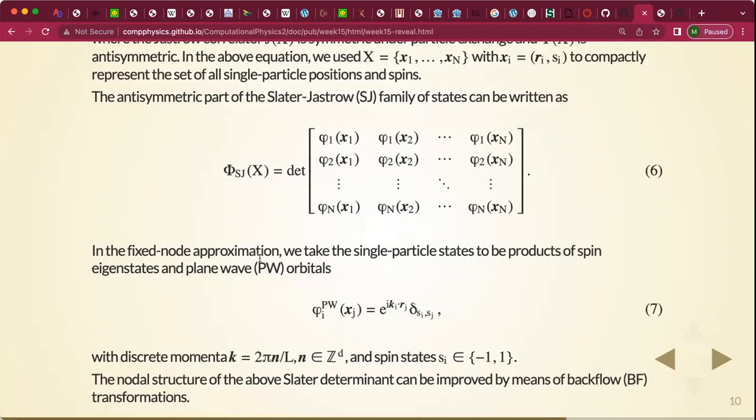So in the codes, there is an emphasis on systems which are meant to mimic an infinite system, but there's nothing which hinders you to set up the same machinery for a finite system, where now these functions, instead of having plane waves, are now replaced by, let's say, harmonic oscillator wave functions, or wave functions which are more realistic for, let's say, atomic and molecular physics and quantum chemistry simulations.